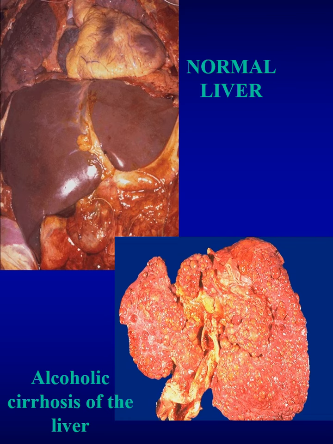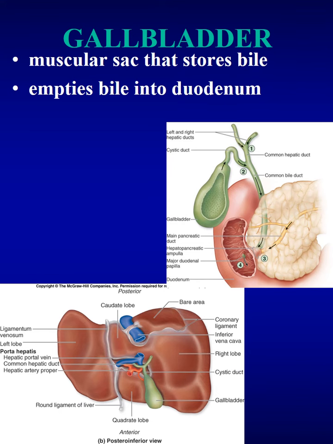So what happens is that this excessive scar tissue compresses the blood vessels and the bile duct in the liver, and this causes hypertension, which is high blood pressure in the hepatic portal venous system, and so bile flow is impeded from that.